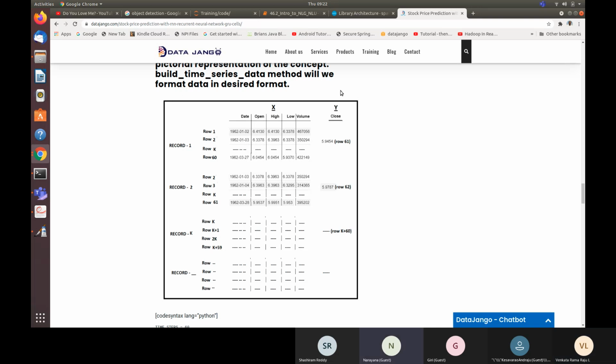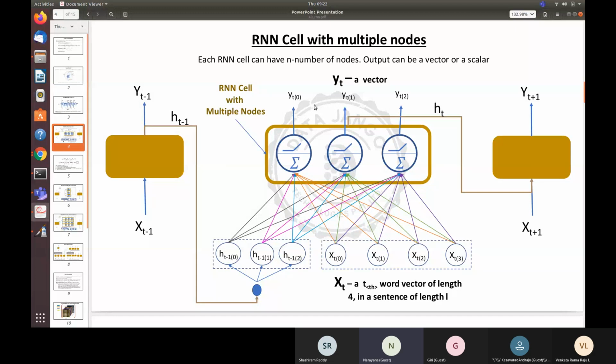Yes, sir. But as for the diagram, we are passing the X and it gives the Y output, right? See, I would have kept Y cap here, but I kept Y here. I kept Y here because there is going to be Y here, and there is going to be a cost function, and these weights are going to be adjusted. It's a representational issue.